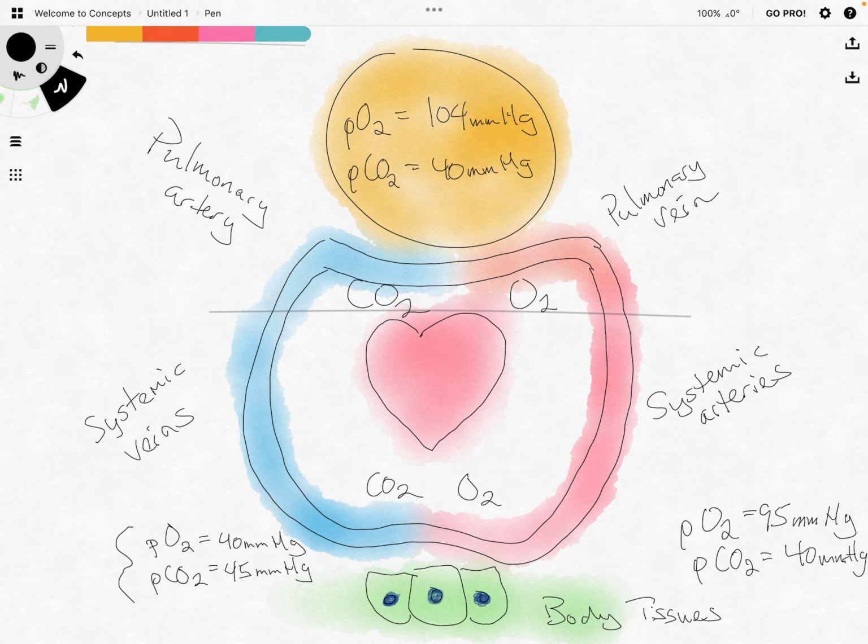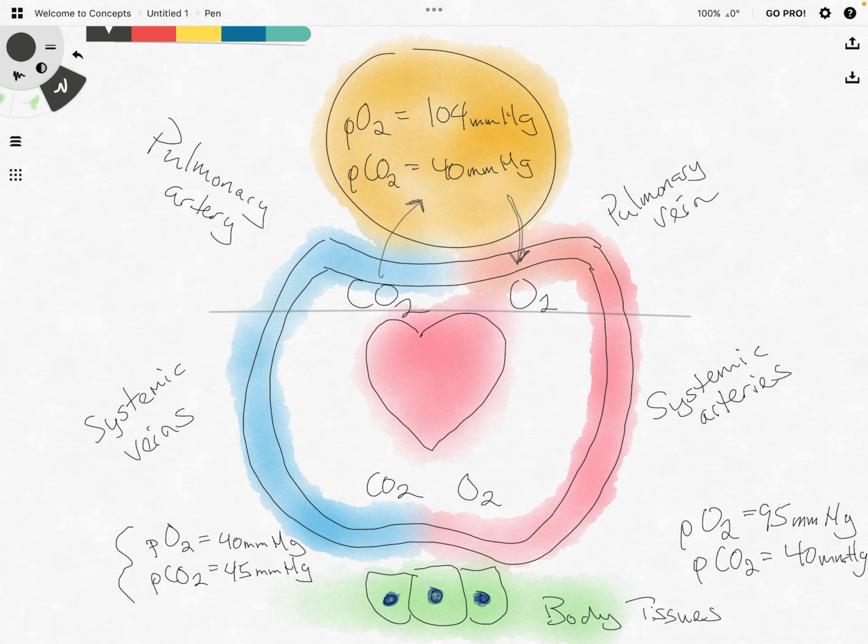So we would expect a movement of oxygen from the alveoli, where it's higher, to the blood in the pulmonary capillaries, and obviously the movement of carbon dioxide, where it's higher, to the alveoli, to the space within the alveoli.